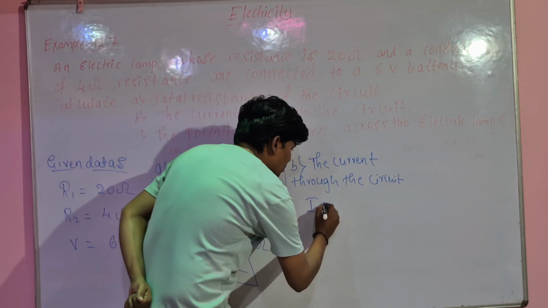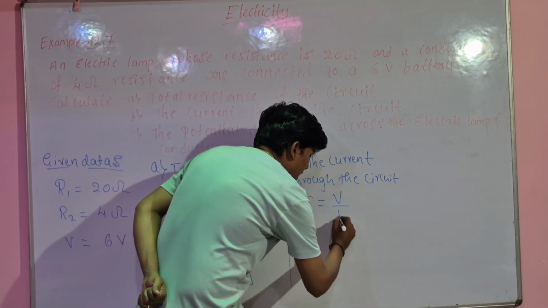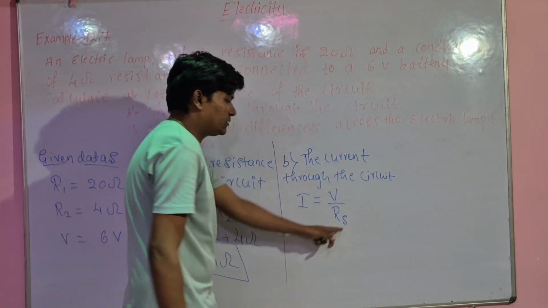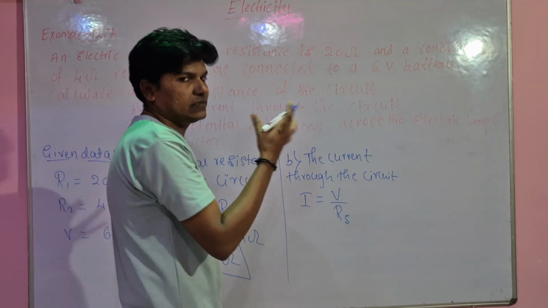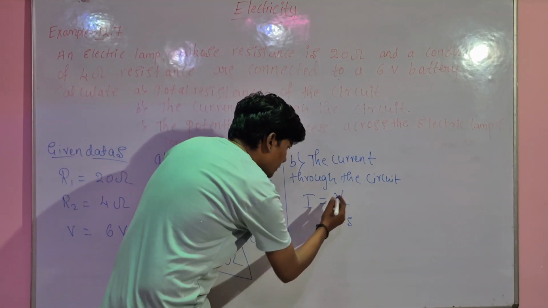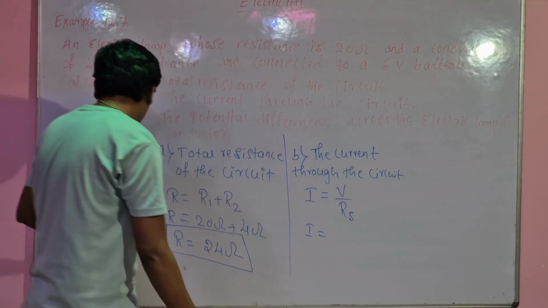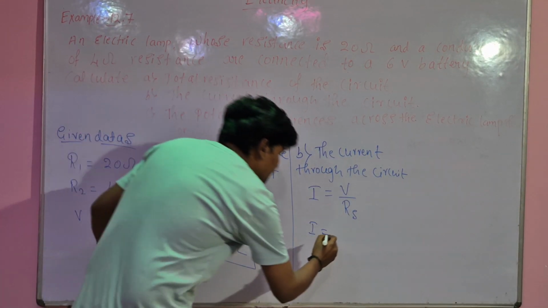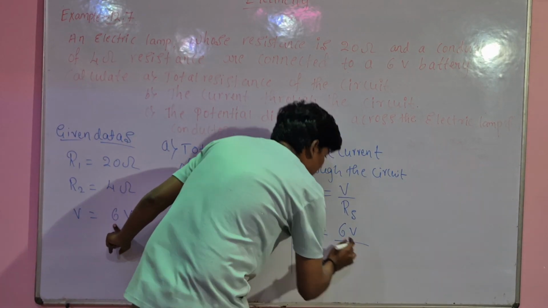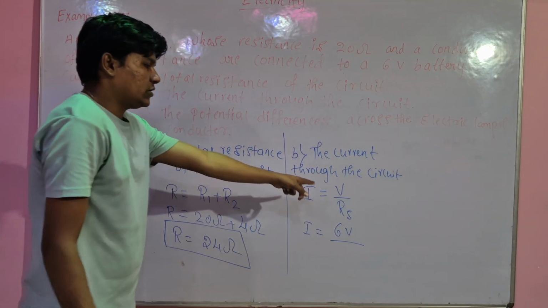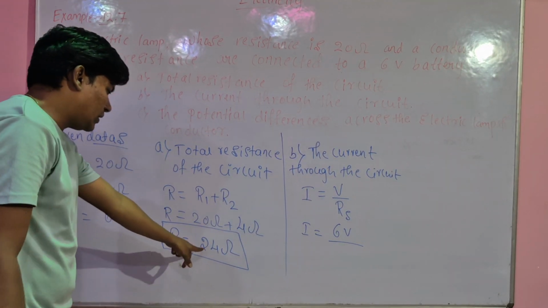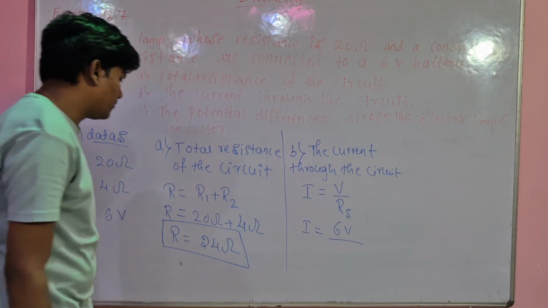Current I is equal to V by Rs, where s stands for series. So I is equal to V, which is given as 6 volt, divided by the resistance of the series, R equal to 24 ohm.